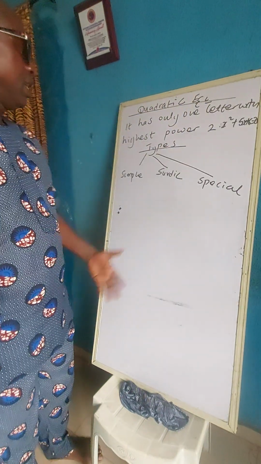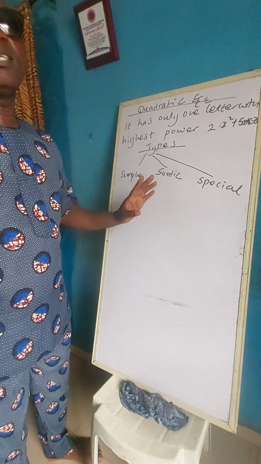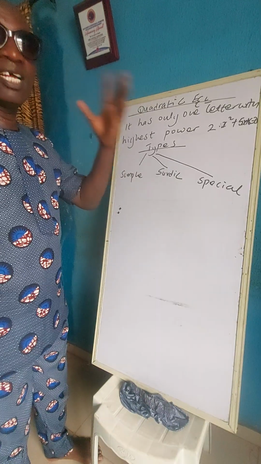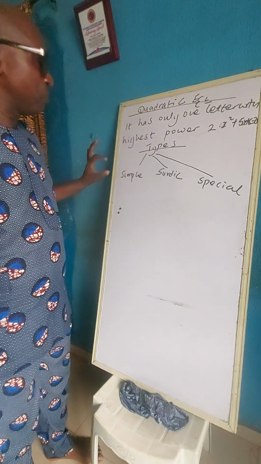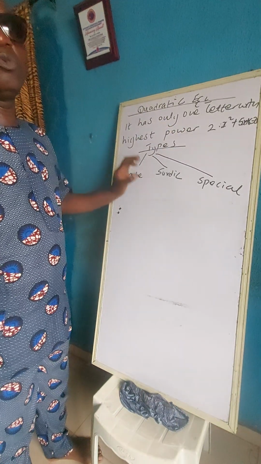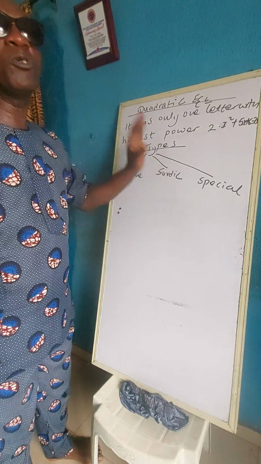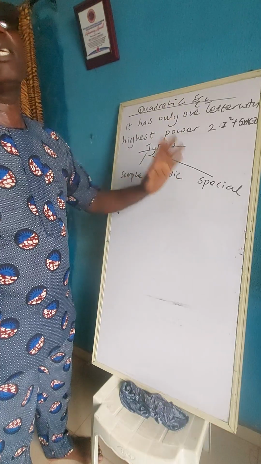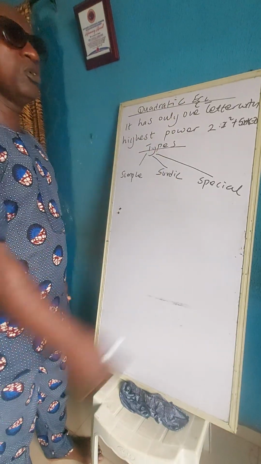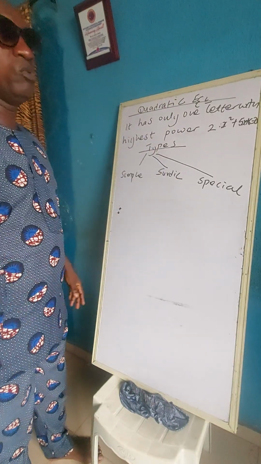Now let's move on. In quadratic equation, there are majorly 3 basic types. 1, we have simple quadratic equation. 2, we have sodic quadratic equation. 3, we have special quadratic equation. We'll take only 2 or 3 questions, then we solve it together.